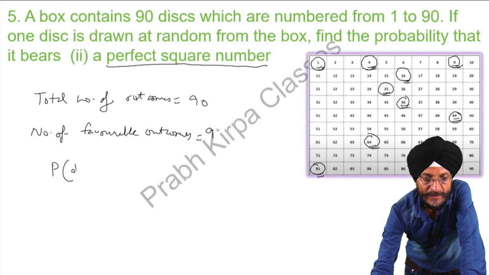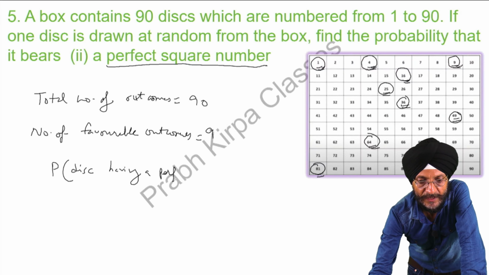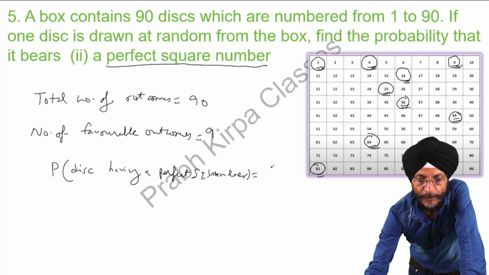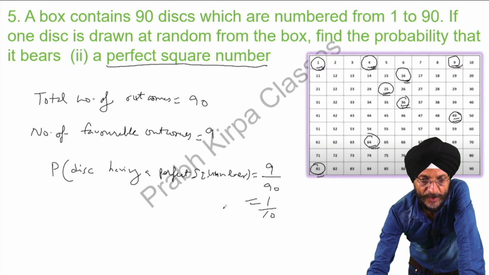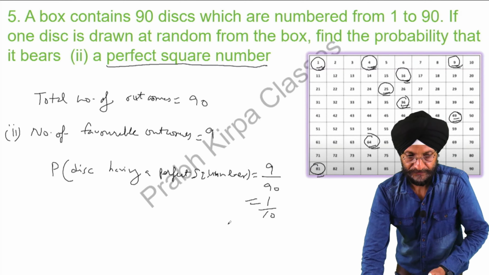Probability of the disc having a perfect square number is equal to 9 over 90, that is 1 over 10. This is the second part of the question.